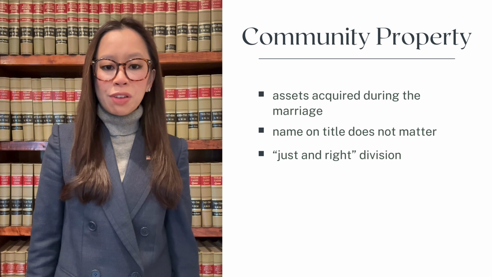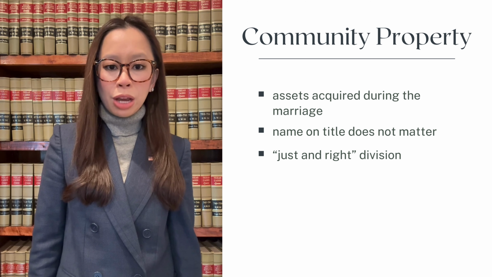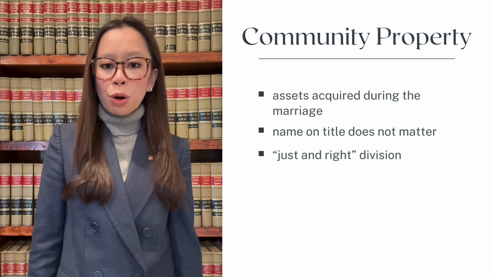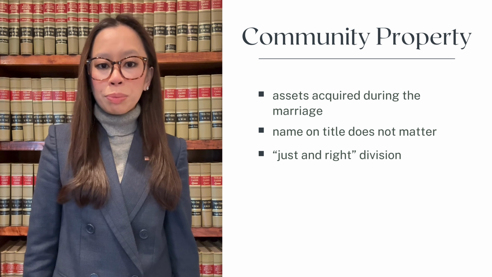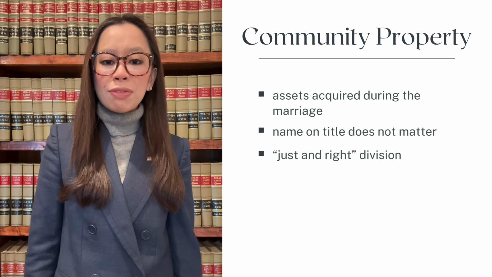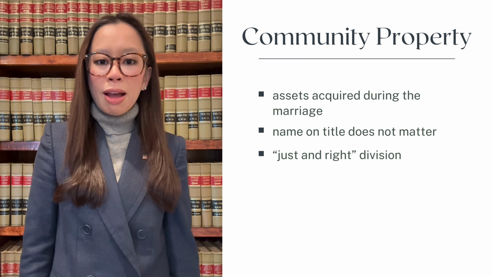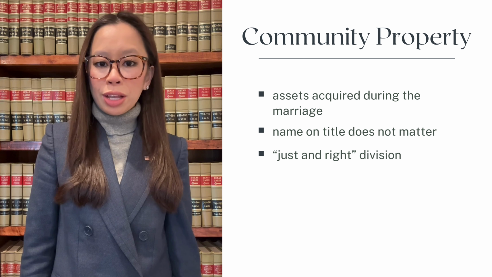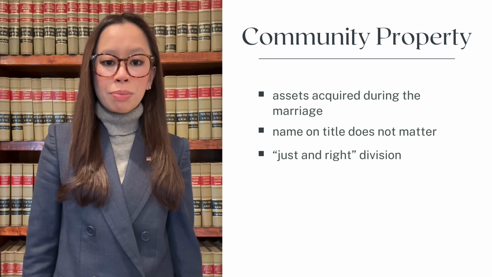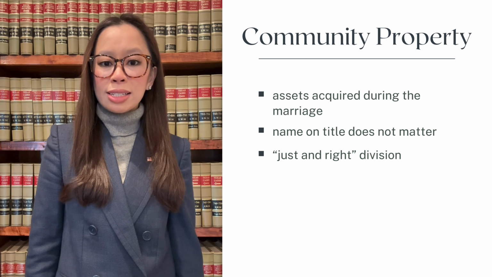Here are some examples of community property. The family home. If you and your spouse bought a home together during the marriage, that home will be considered community property, even if the deed only has one spouse's name on it. Bank accounts. Accounts that are opened or funded during the marriage are also generally considered community property, including checking, savings, and investment accounts.